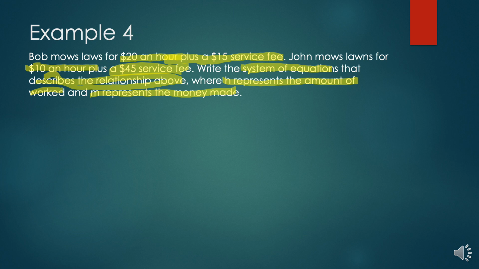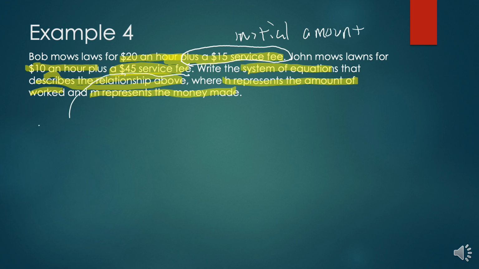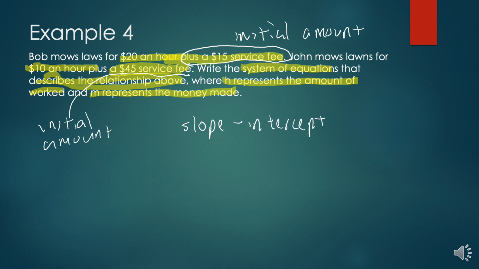So now that I got that, the $15 service fee sounds like an initial amount. And the service fee over here is also another initial amount. So that means that I'm going to use slope intercept, which is y equals m times x plus b.